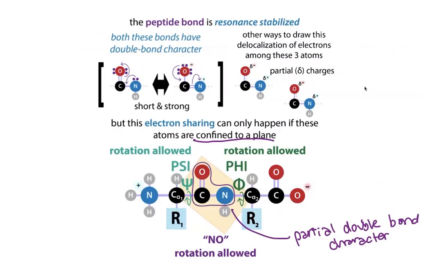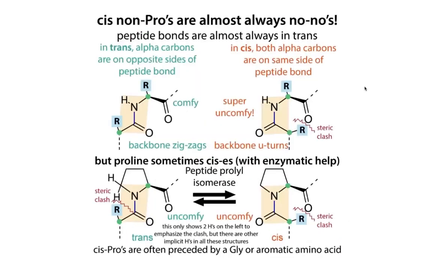So this actual peptide bond, this is going to be what's called the omega angle. But we're not really going to see much about the omega angle because there's only really two main forms it can take. It can take a cis form and it can take a trans form. And for almost all of the amino acids, we're always going to see it in the trans form. I know it sounds like I'm saying transform like Transformers, but I mean trans space form.